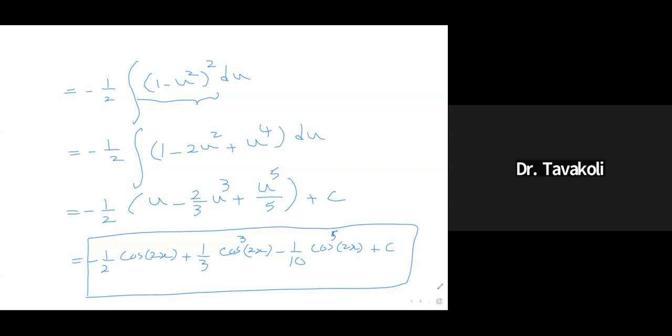Okay, now we go to case 3. Case 3 is the case that both m and n are odd numbers. So m is an odd integer and n is an odd integer.